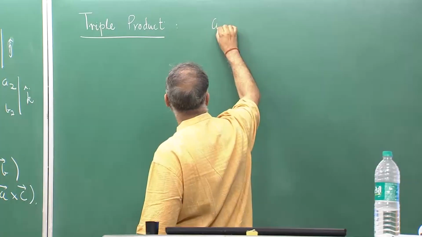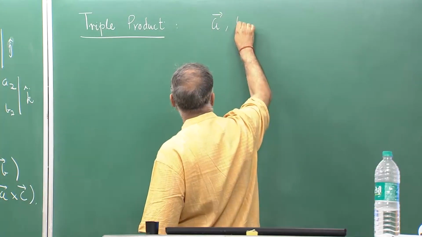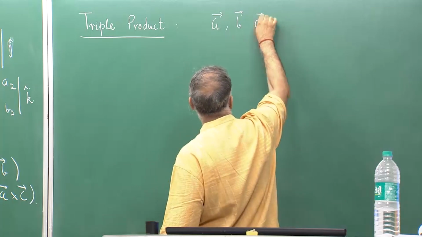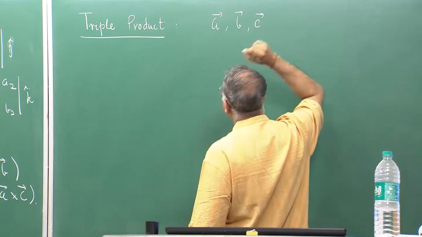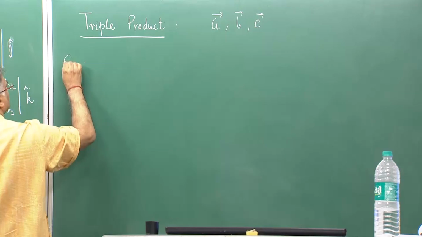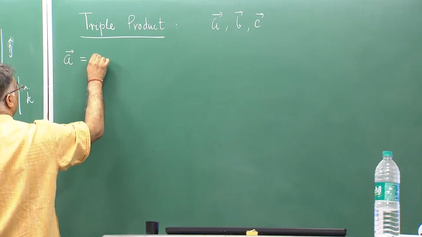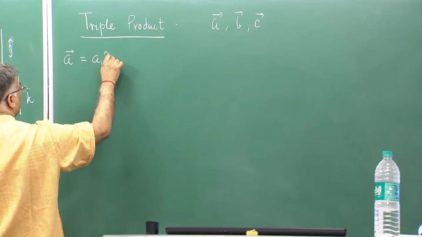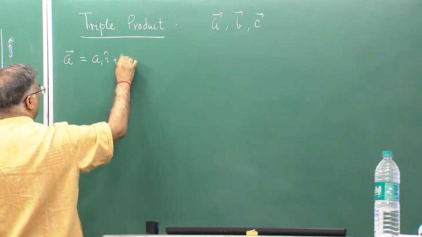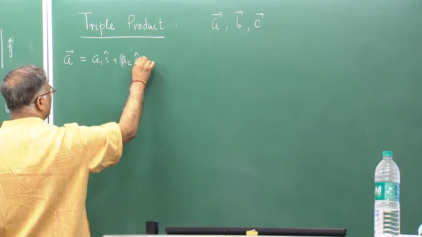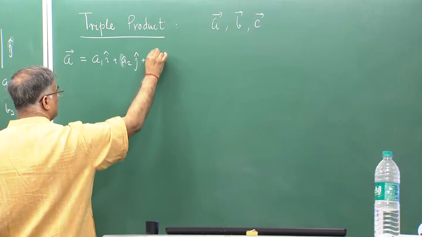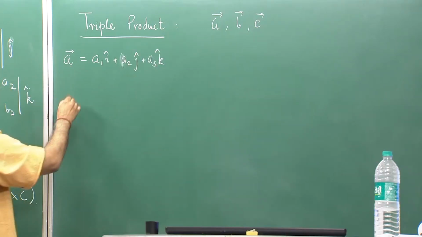So, you have three vectors given to you, a, b and c, where the a vector as before is given as A1 i vector, A2 j vector and A3 k vector, while b is again given in a similar fashion.